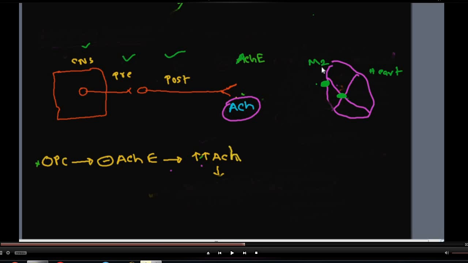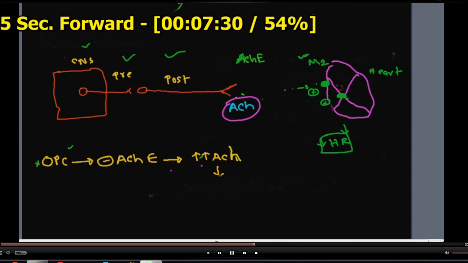SA node and AV node contain M2 muscarinic receptor. Acetylcholine stimulates this M2 muscarinic receptor and inhibits the SA node and AV node. When acetylcholine inhibits the SA node and AV node, there is bradycardia, heart rate goes down. So the function of acetylcholine in the heart is to cause bradycardia, right?